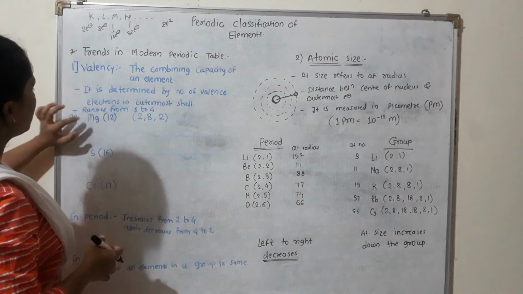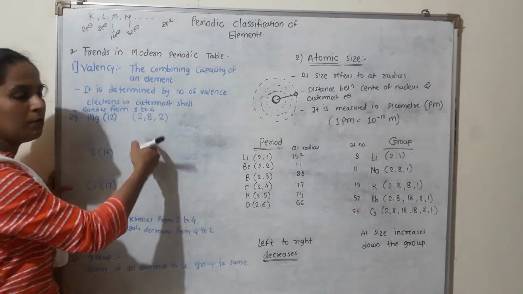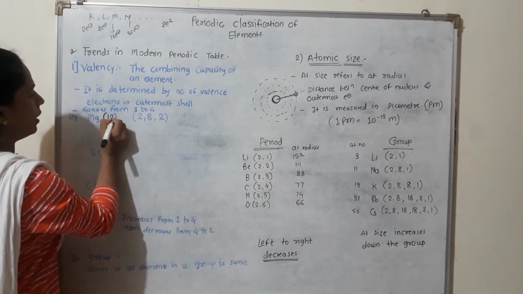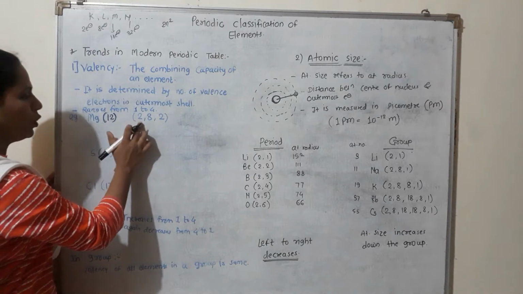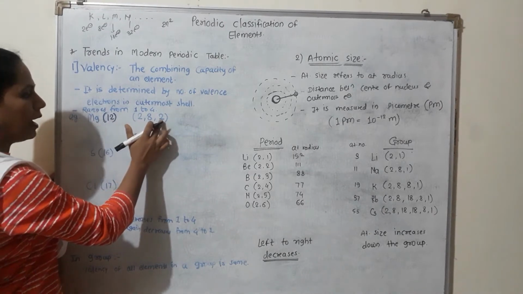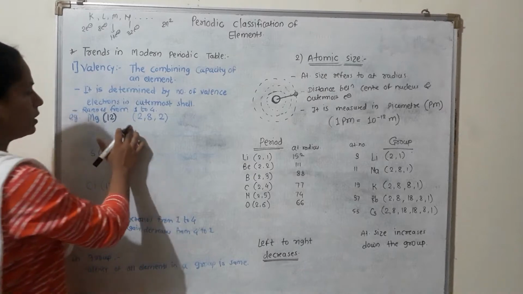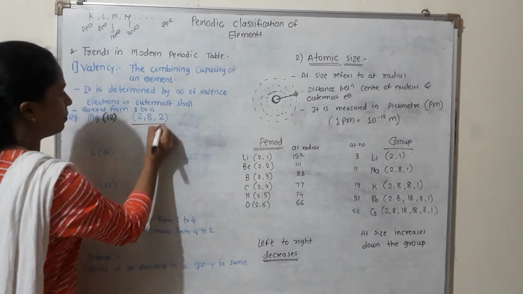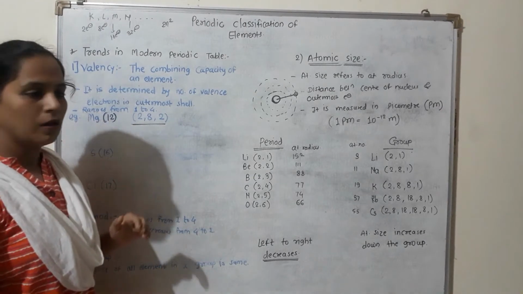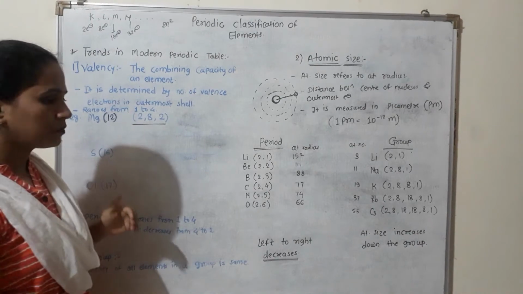So what is the electronic configuration of magnesium? Its atomic number is 12. So in the first shell 2, then 8 and 2. This is the electronic configuration of magnesium. So to become stable, what does magnesium do?